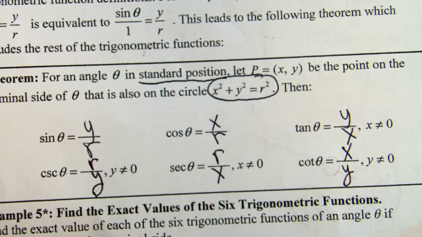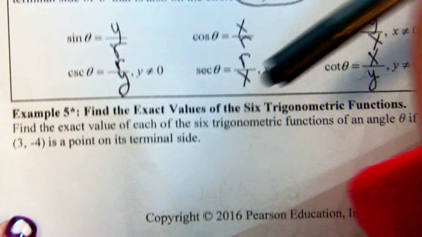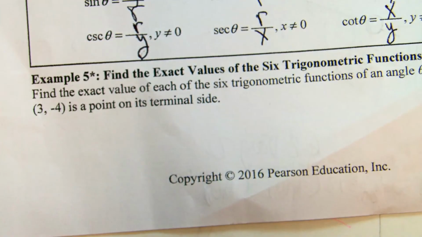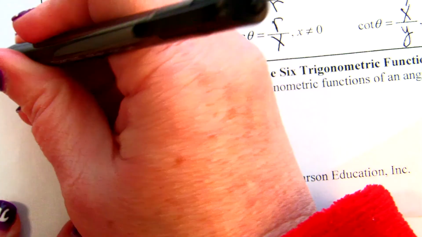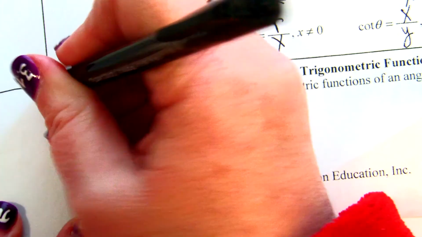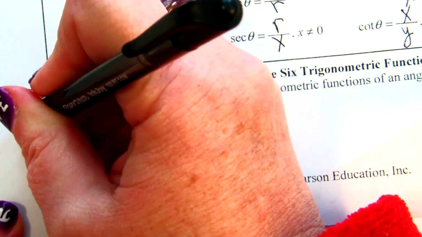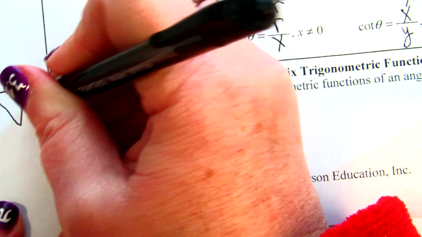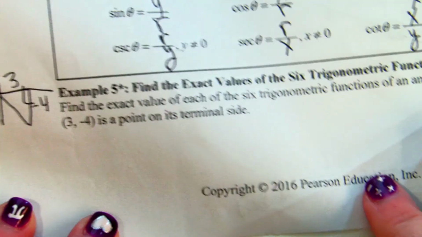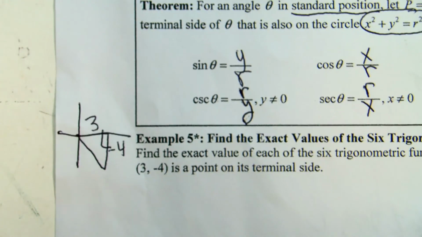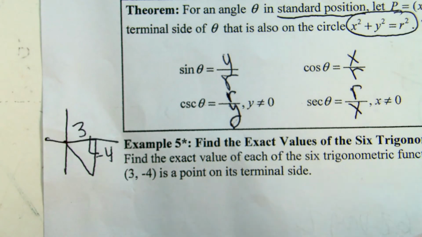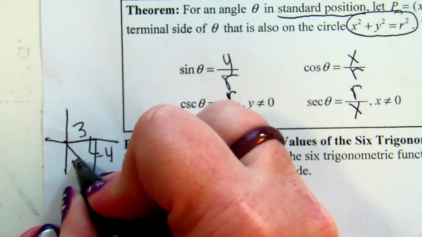So what they do is they give you a point, like 3, -4, and they ask you to find each of the 6 trig functions. If you go to 3, -4, what quadrant are you in? You're in the 4th quadrant, and you have to use the Pythagorean theorem to find r.